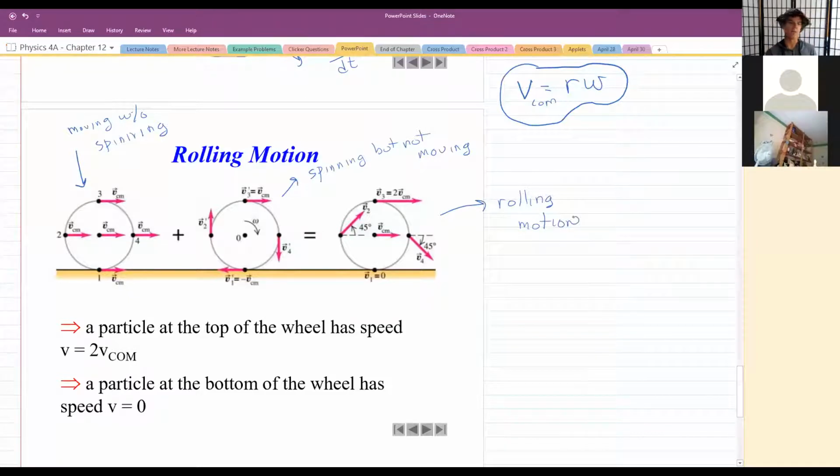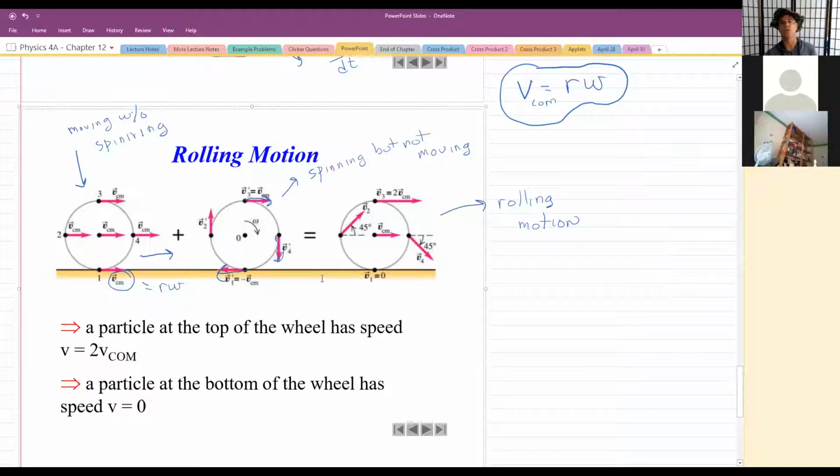So if I think about it, looking over here, all parts of the wheel are moving to the right at some speed given by the speed of the center of mass, which would be r omega. If it's spinning, then remember our tangential velocity is always tangent to the path. So the top of the wheel is moving to the right, the bottom of the wheel is moving to the left, right over here it's moving down.